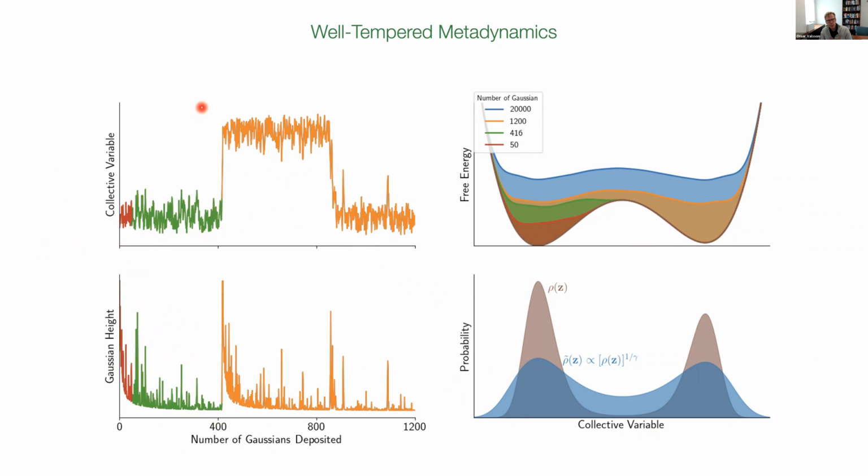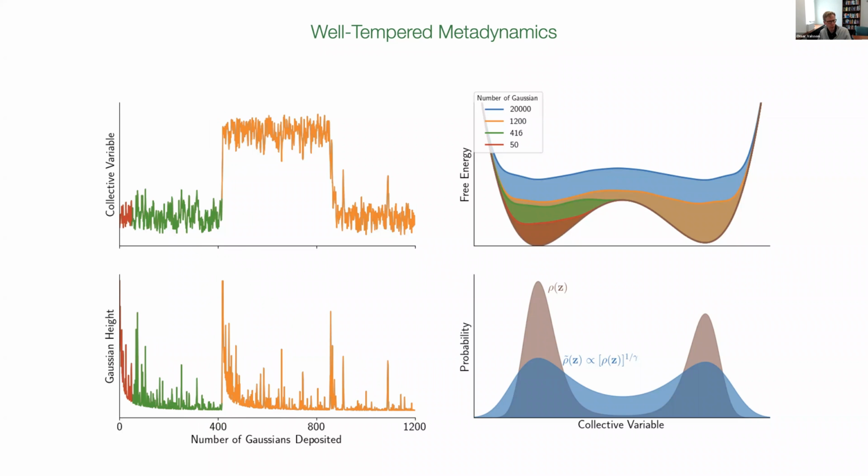But now we go to the other state, and once we go to the other state, there is no bias added to that state. So we can see here that suddenly the Gaussian height goes back up to a high value and then slowly decays to 0. And then once we have enough transitions between the two states, we converge the simulation.